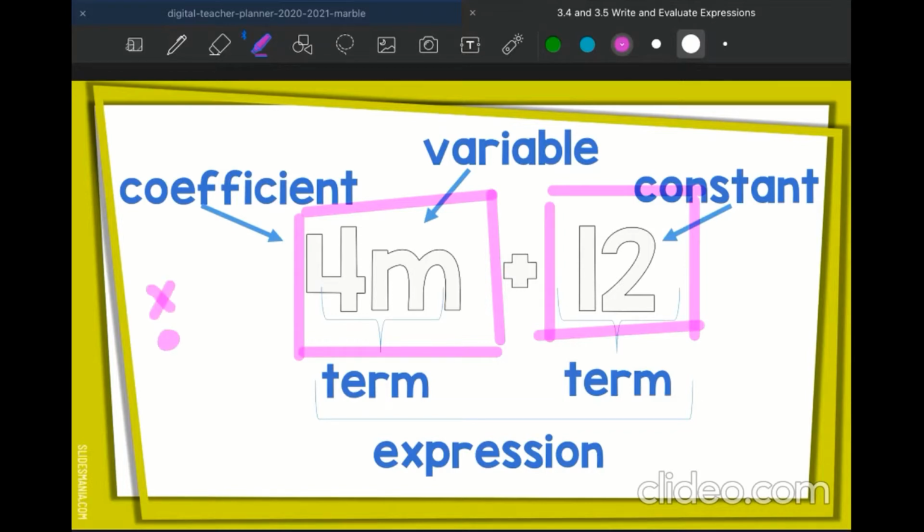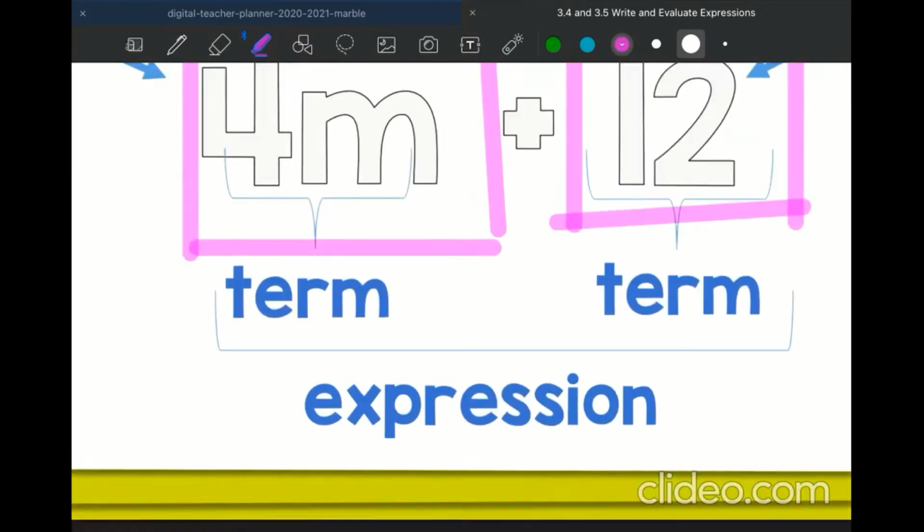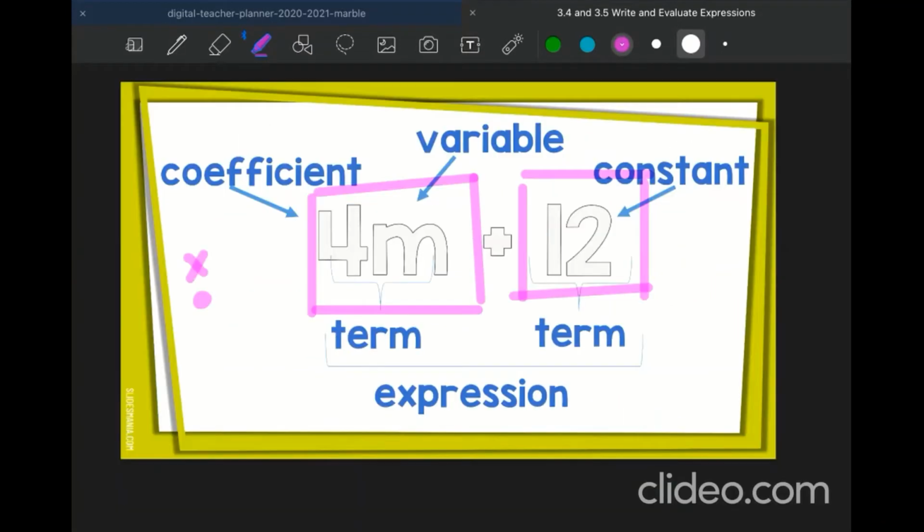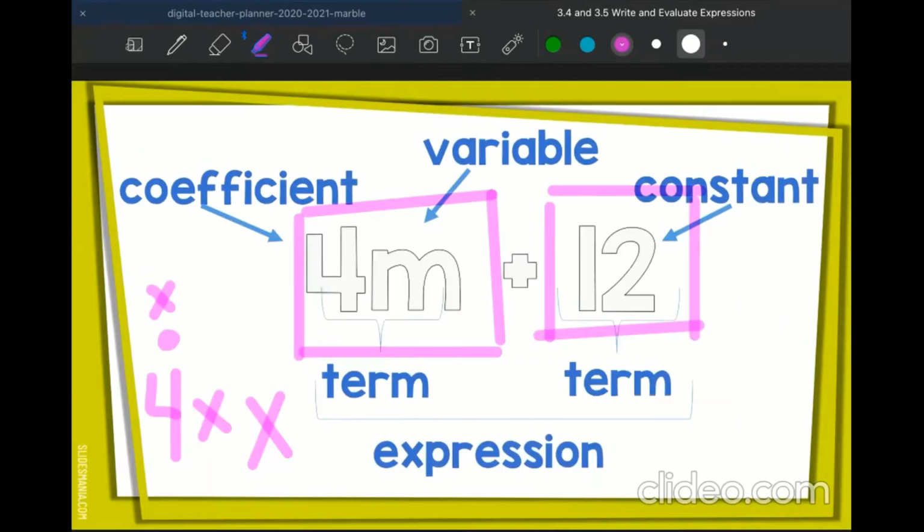Because now that we're introducing variables, the most common variable is X. So if you have 4 times X, do you see how that can get a little confusing, right? So that's why we really want to start doing our dot for multiplication.